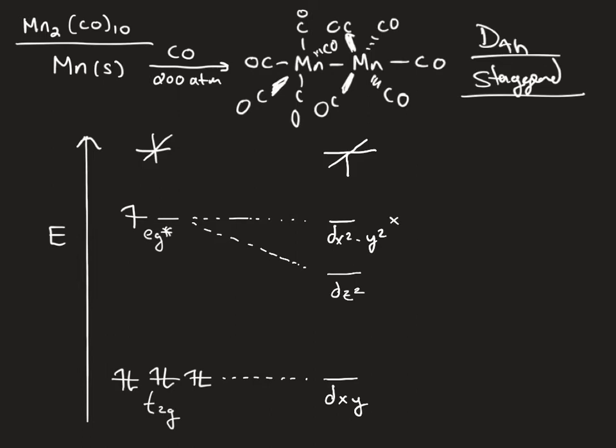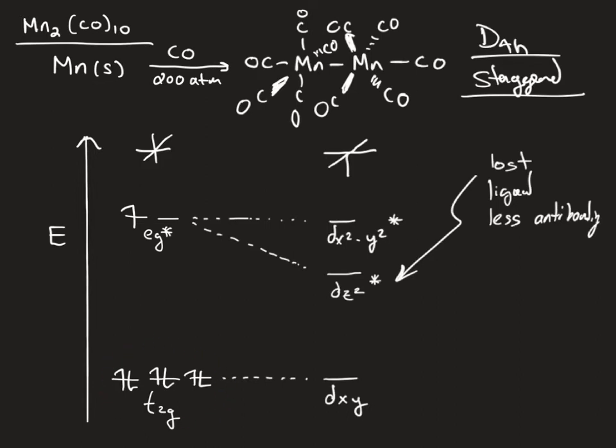Remember, this is an antibonding orbital, and this is an antibonding orbital. However, we've lost the ligand, so it's now less antibonding than it otherwise would have been. So it's going to become slightly more stabilized in energy. In carbonyl compounds, which have pi acceptor ligands, these t2g orbitals are bonding orbitals.